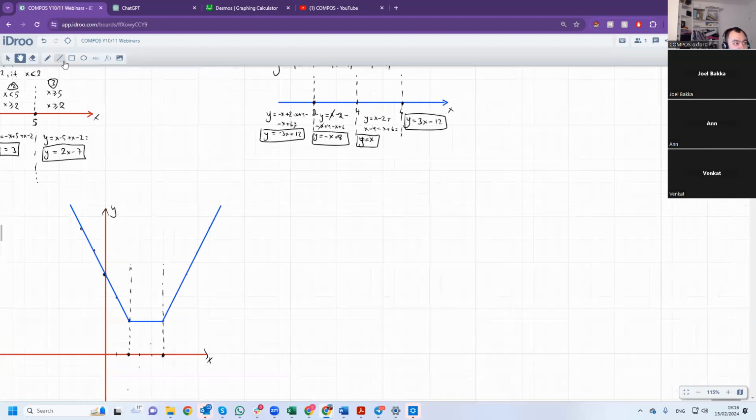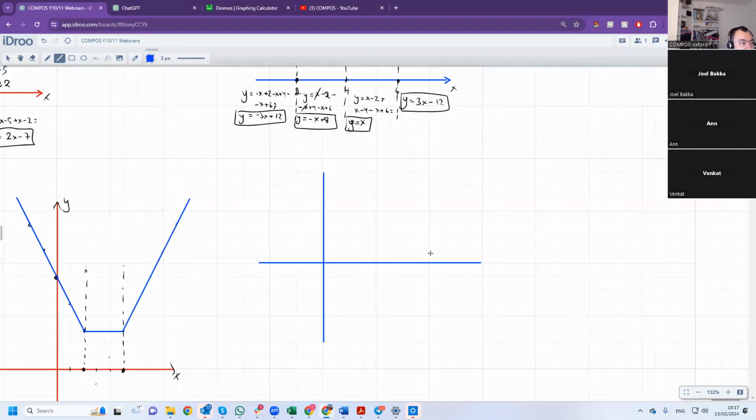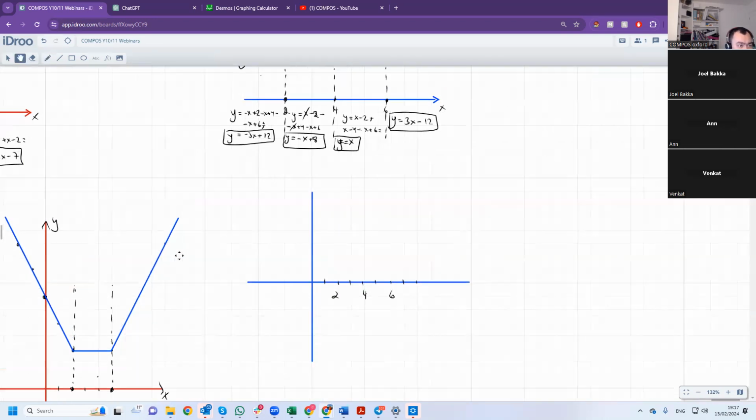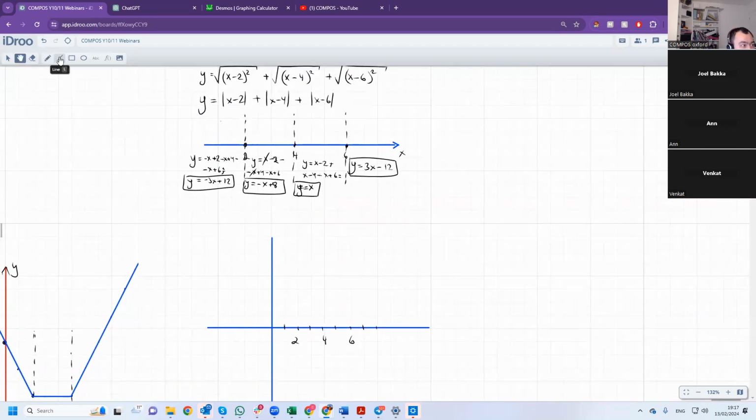So what we need to do is to draw the graph. So 1, 2, 3, 4, 5, 6, 7, 8. There's 6, that's 2, 4, 6. Okay, minus 3x plus 12. Well, that's a bit nasty. 1, 2, 3, 4, 5, 6, 7, 10, 11, 12.